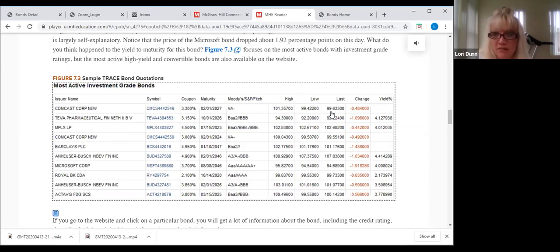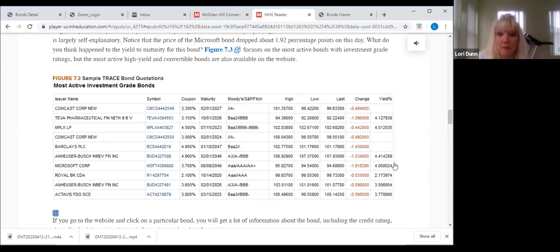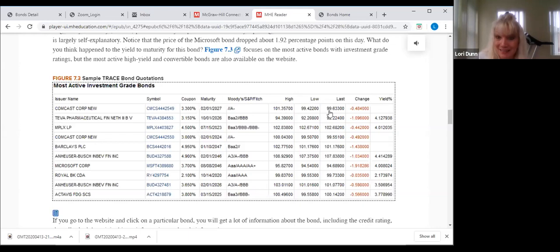The last price, 99.633. So these prices are always quoted as a percentage of the par value. So if the par value on this is 1,000, that's how much is going to be paid at maturity. You would multiply the $1,000 by 0.99633. So this sold for $996.33 last.